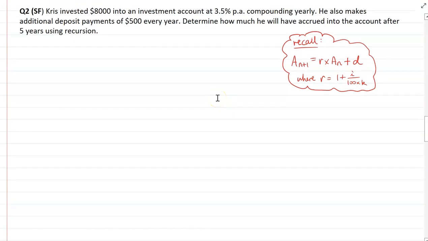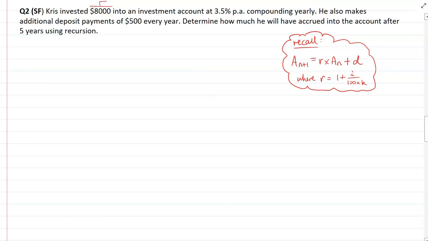For our next example, we've got Chris who's invested $8,000 into an investment account at 3.5% per annum, compounding yearly, and he also makes additional deposit payments of $500 every year. Determine how much he'll have accrued into the account over 5 years using recursion.